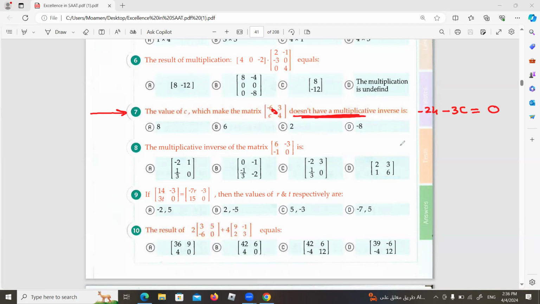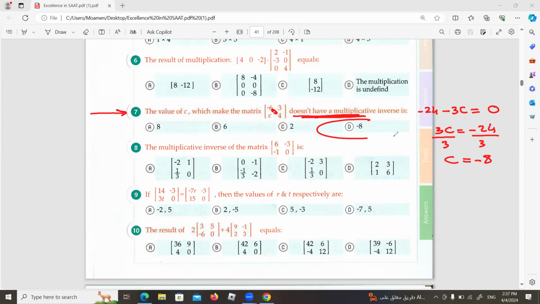Okay, now solve this equation. On the other side, by the opposite sign, it will be 3C equals negative 24, divided by 3. So C equals negative 8. So the answer here will be letter D, which is negative 8.